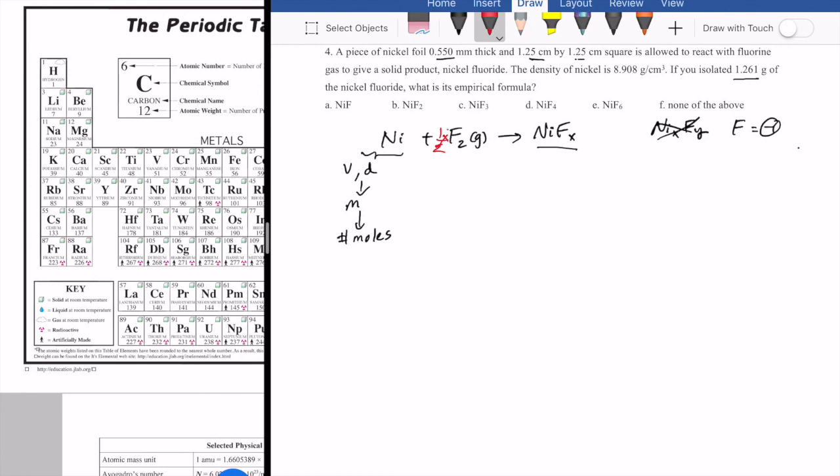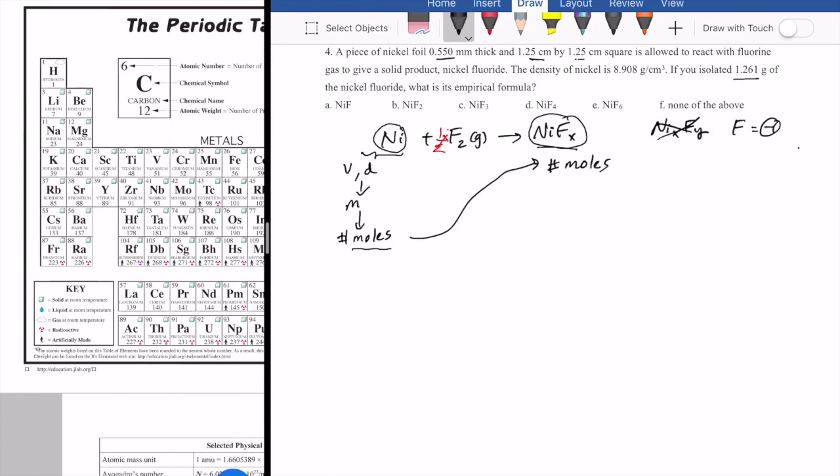The coefficient of F2 has to be x over 2 to make this a balanced equation. But what's important is that the coefficient of the nickel itself has to be the same as the coefficient of the nickel fluoride. That's what's going to help us, because if we know the number of moles of the nickel, then because the nickel fluoride and nickel have the same coefficients, the number of moles of the nickel fluoride would be the same.